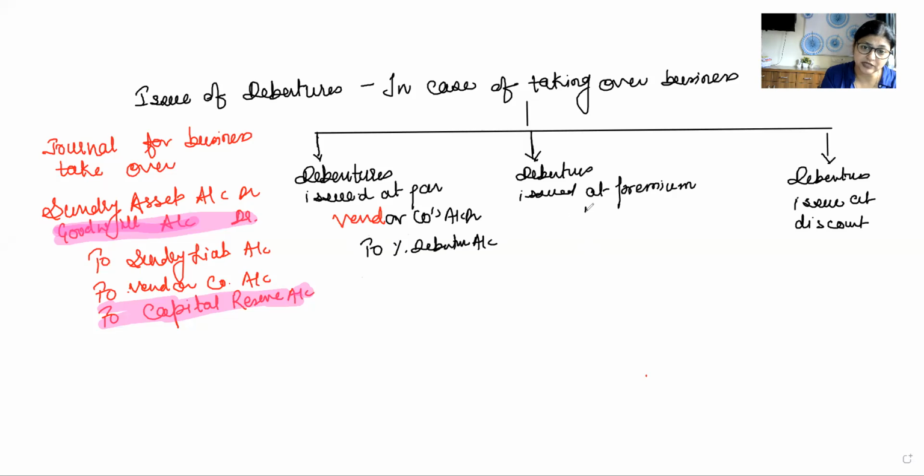But if the same entry has to be passed at premium, you will write vendor company's account debit to percentage debenture and to securities premium reserve.